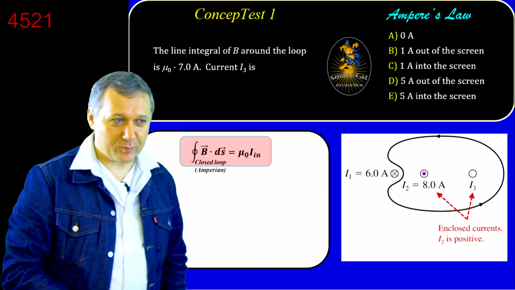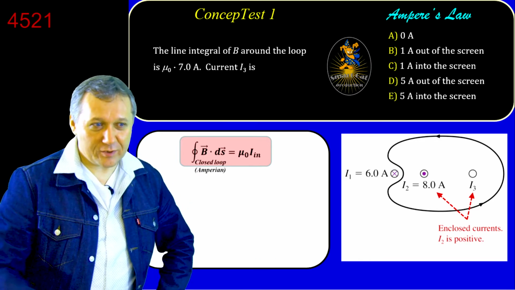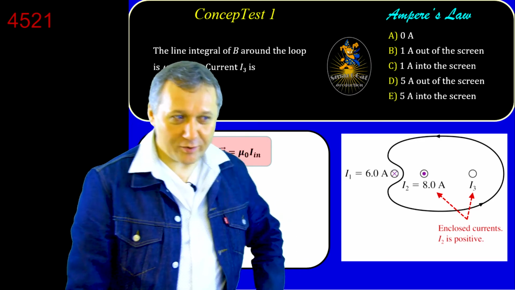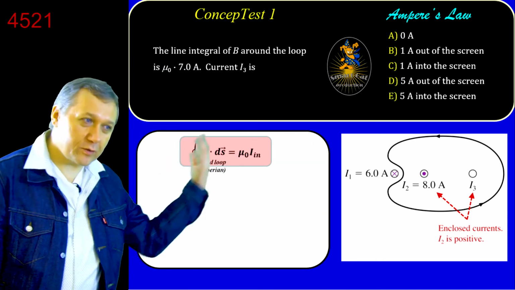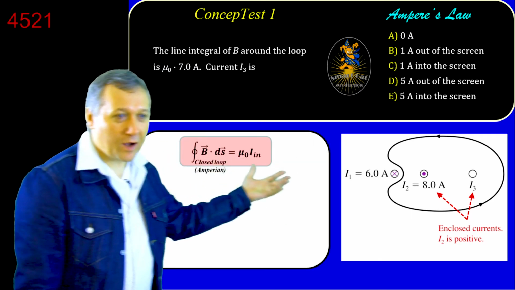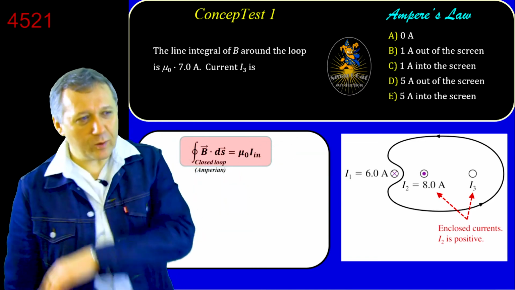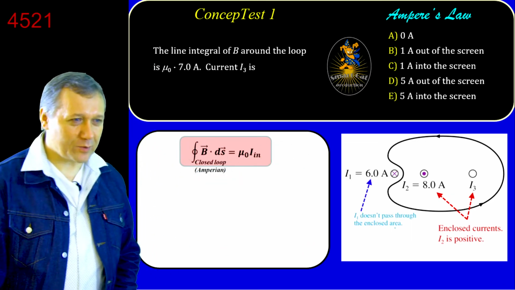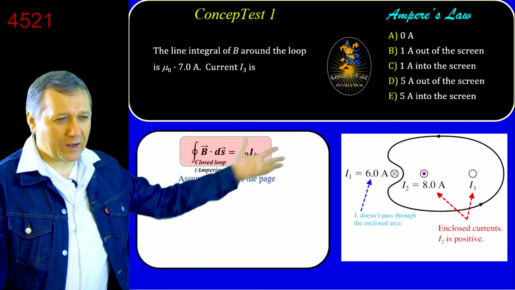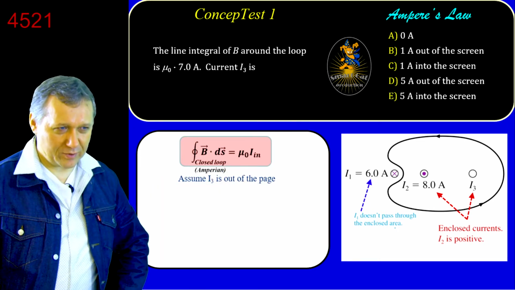If your current is positive, then your assumption about current direction was correct. So let's assume that current I3 is out of the page, so let's make it positive.